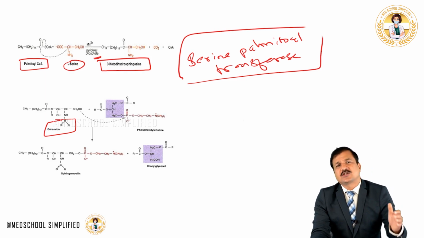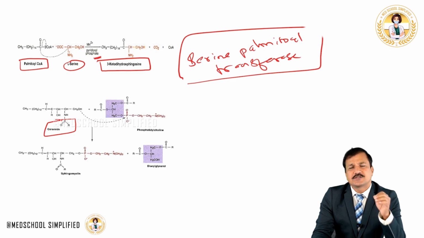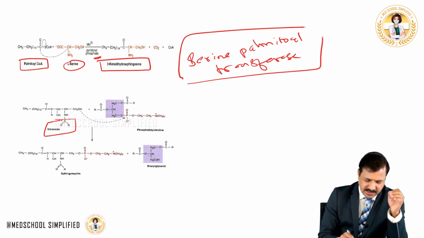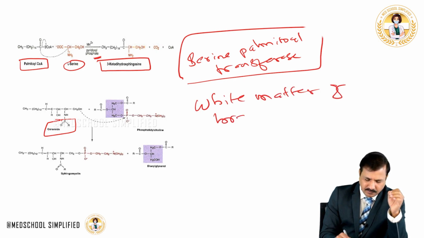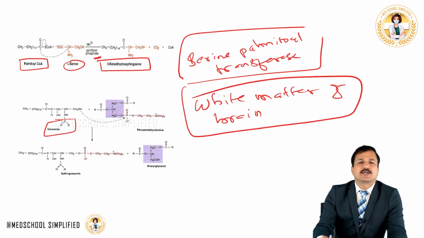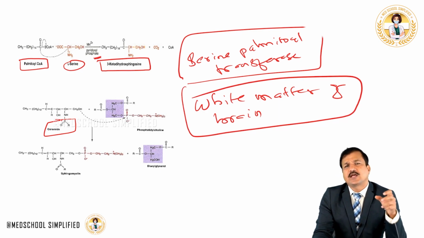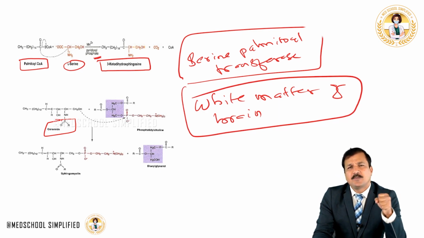The highest concentration of sphingolipids is found in the white matter of the central nervous system. Remember that: white matter of the brain contains the highest amount of sphingolipids. And also different types of sphingolipids are components of the plasma membrane of all our cells.